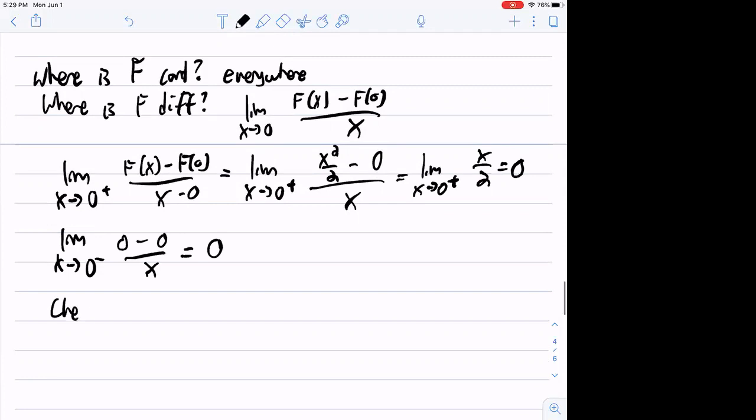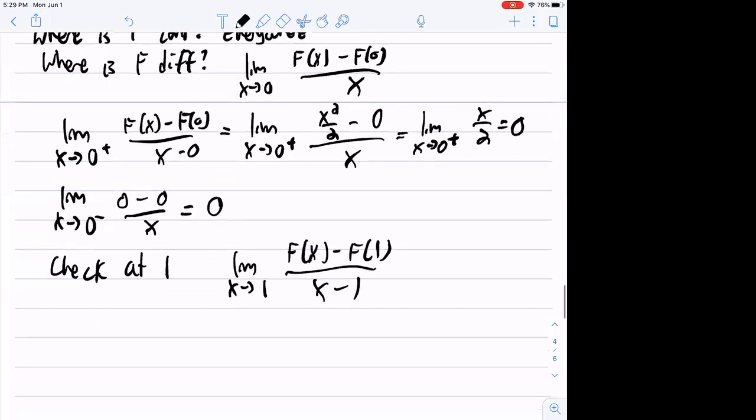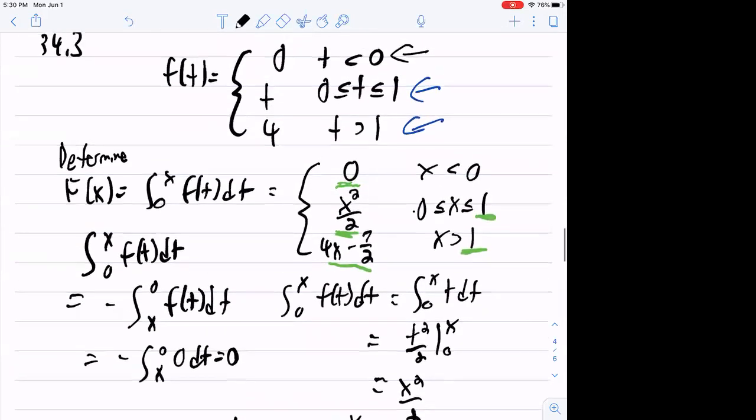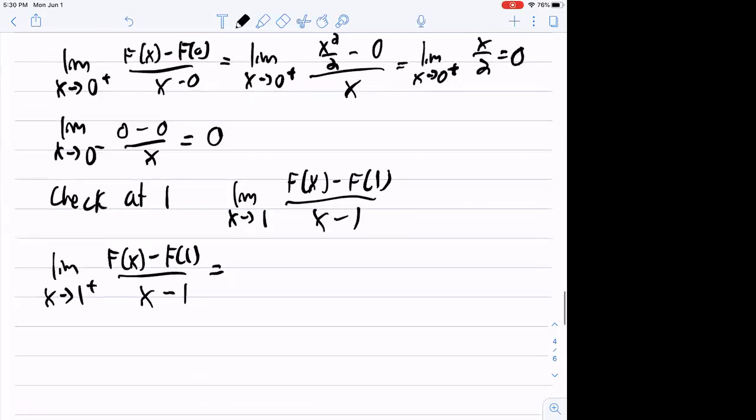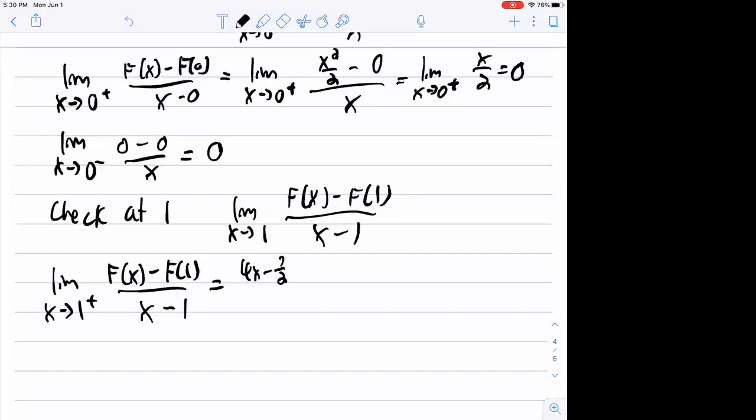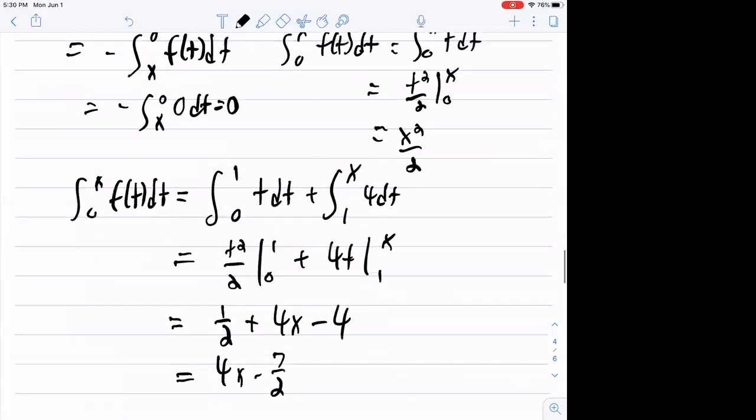Now let's check at 1. I need to check whether this limit, f of x minus f of 1 over x minus 1, exists. Let's do 1 from the right. If I take this limit from the right, I'm taking values bigger than 1, and then f of x is (4x minus 7) over 2. I'm subtracting f of 1.